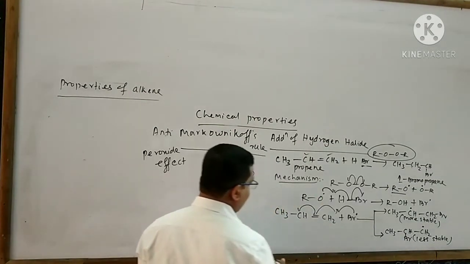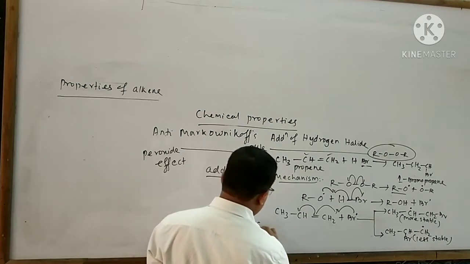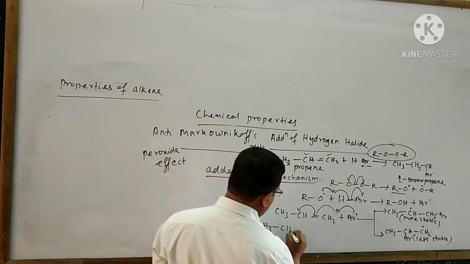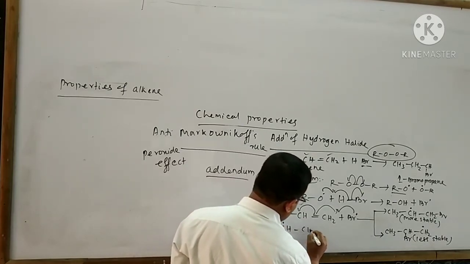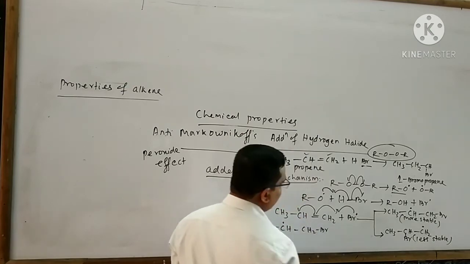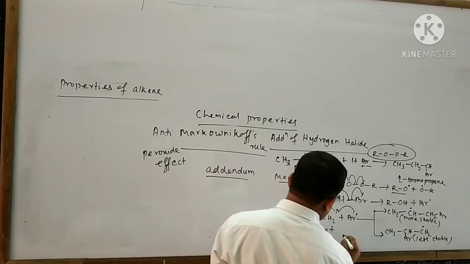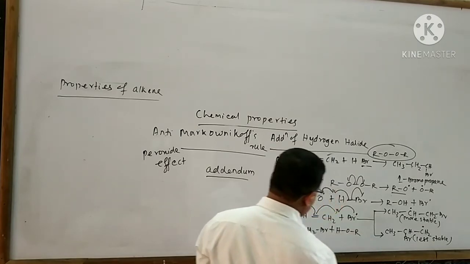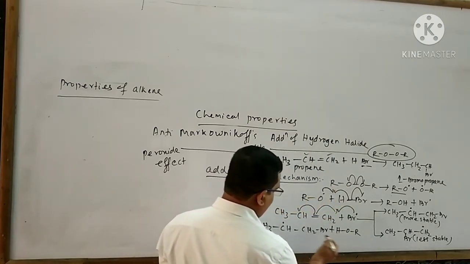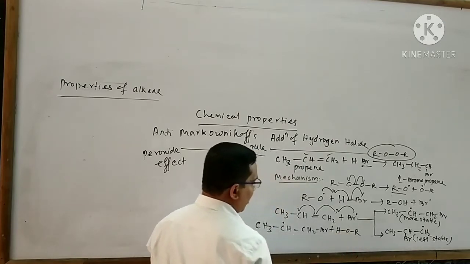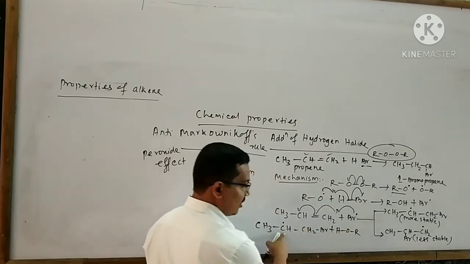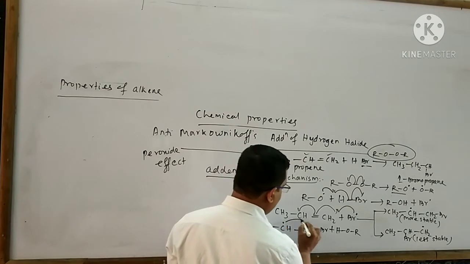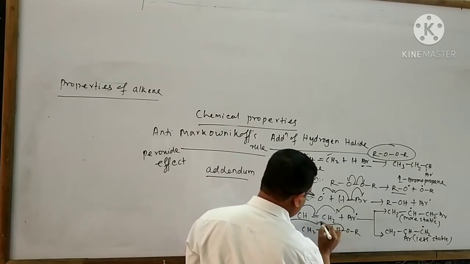So I can write the product like this: CH3-CH•-CH2-Br plus H-O-R. Now this alcohol reacts with this secondary free radical to form the product like this.